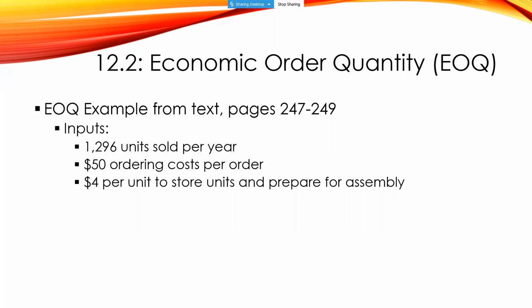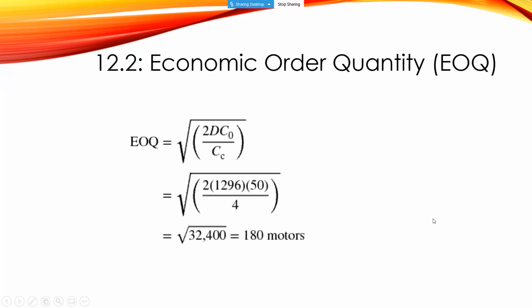So the optimum number of motors to order each time is derived from that economic order quantity formula. The 2 is a constant. It's the square root of 2 times the demand, which is 1,296 units sold, times the ordering cost, $50 per order, divided by the carrying cost per unit, over 4.